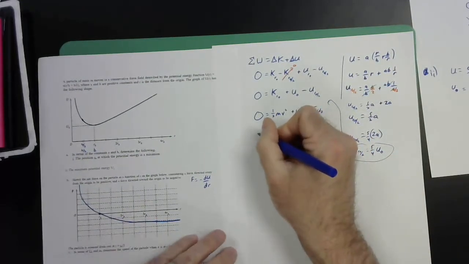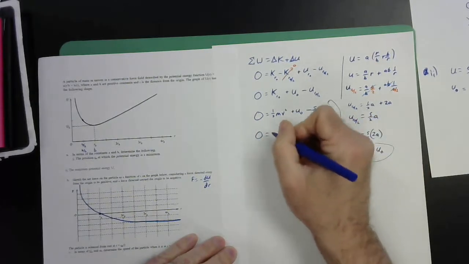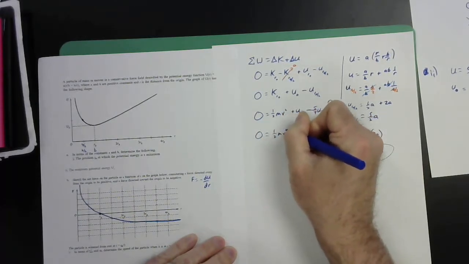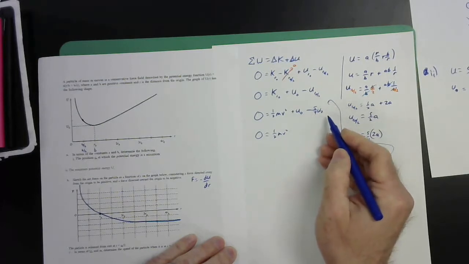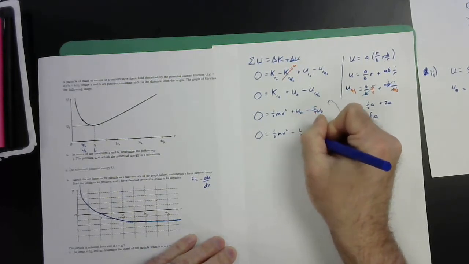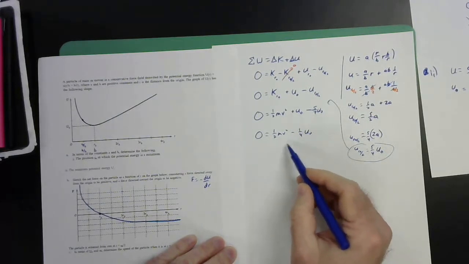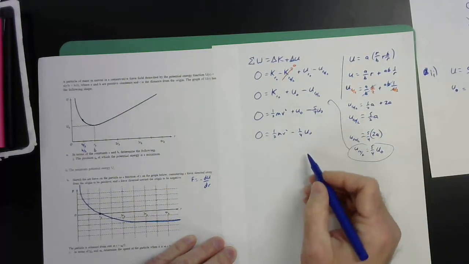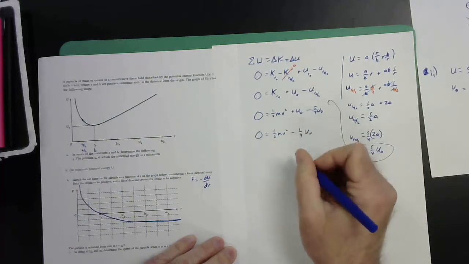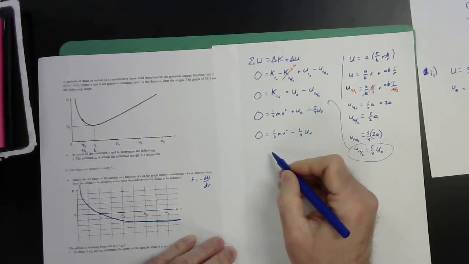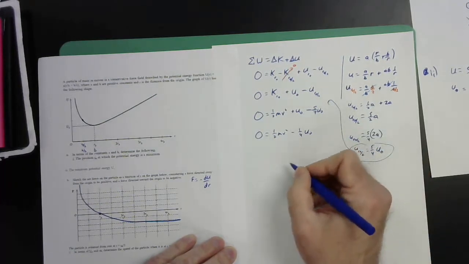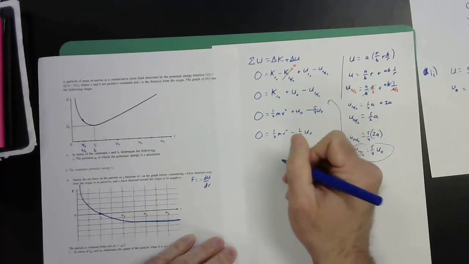From here on out, it's going to be a little bit tidier. Half mv squared. U naught minus 5/4 U naught is minus 1/4 U naught. Now I've got an equation with v, m, and U naught, which is what I wanted. So rearranging, I'm just going to move the 1/4 U naught to the other side, multiply through by 2, and divide by m. Is it okay if we do all the algebra at once? Yeah, that's fine.